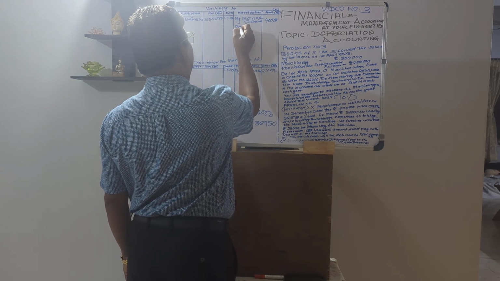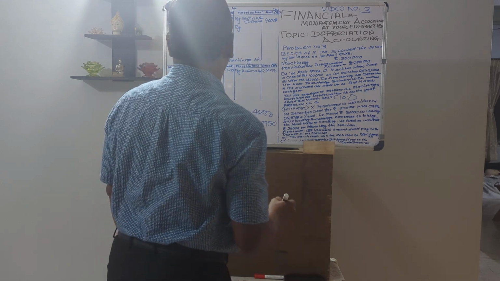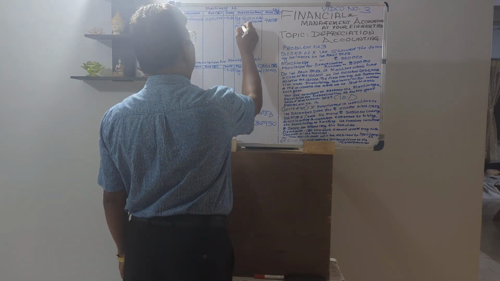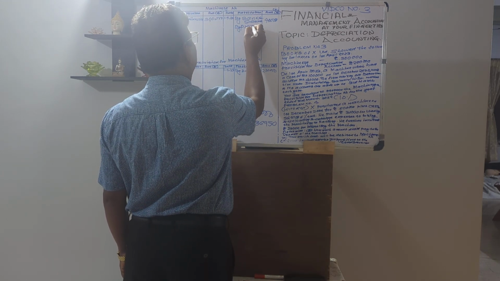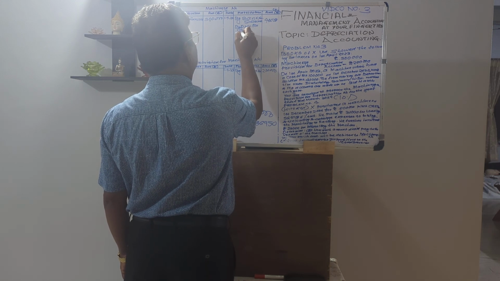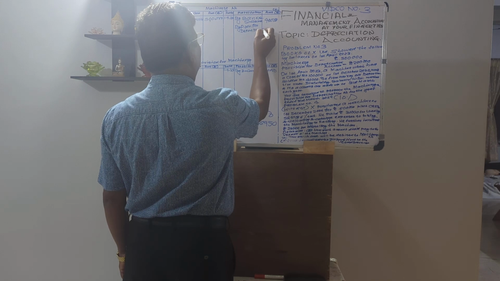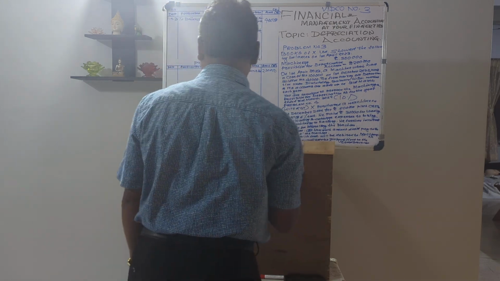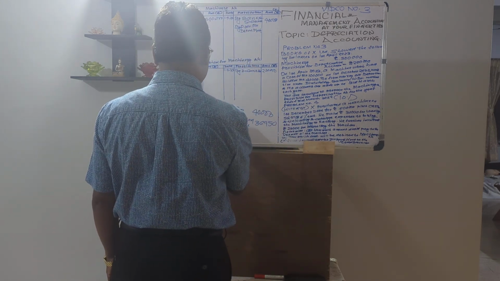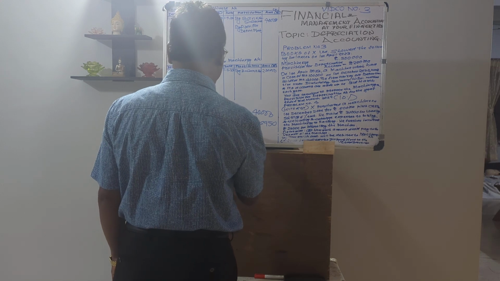Then by provision for depreciation on machinery, how much is it? Here first year 5,000, then 9,500, then 8,550.